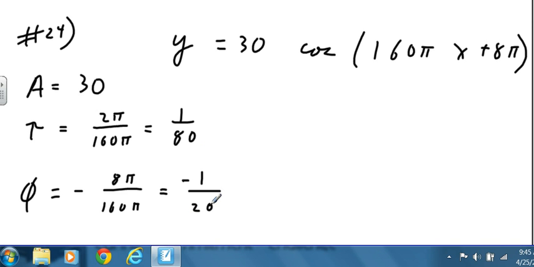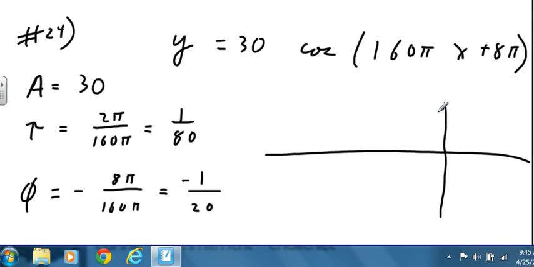The period's 1 over 80, so the period's less than the phase shift. Well, no, it is what it is. Okay, well, that being the case, we're going to go up to 30. We're going to go down to minus 30. And we're going to phase shift it back.